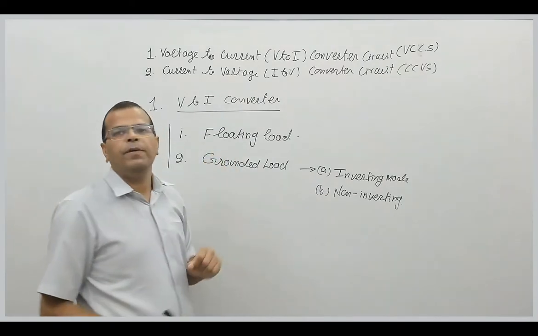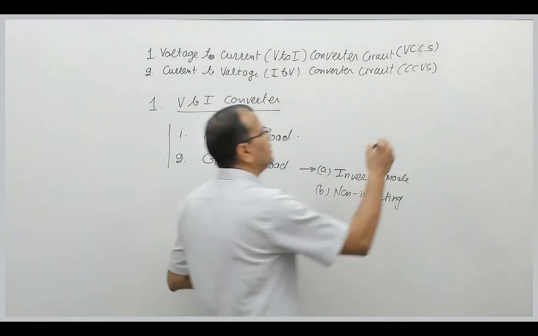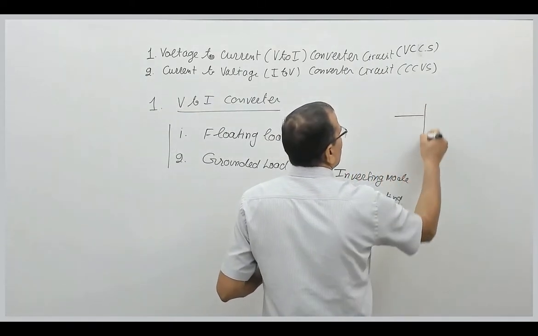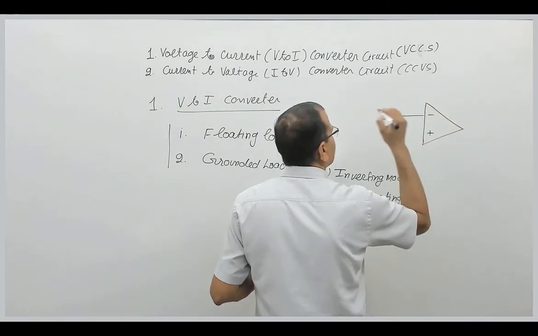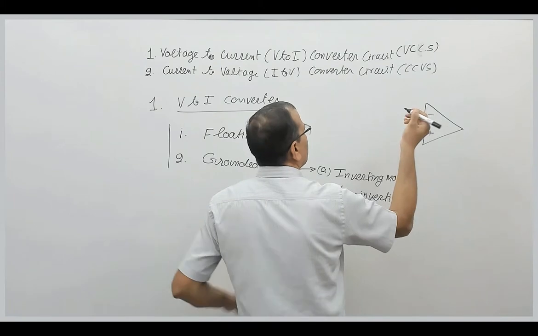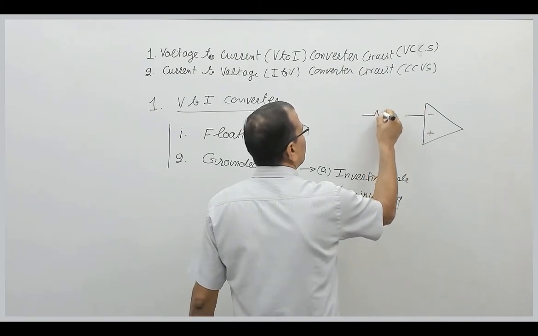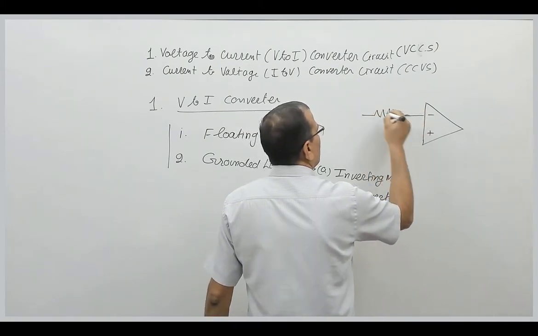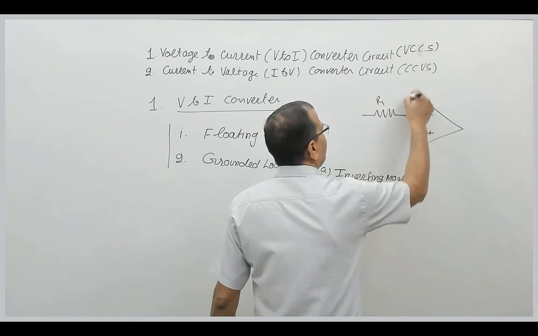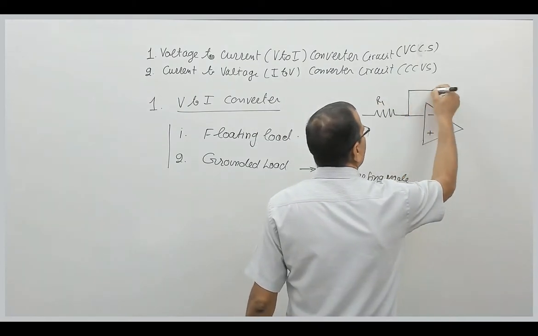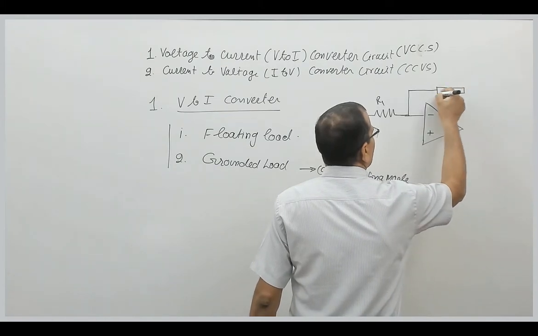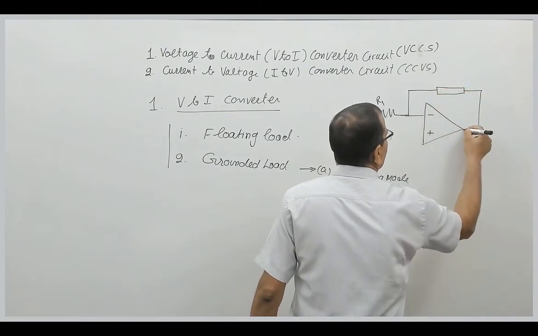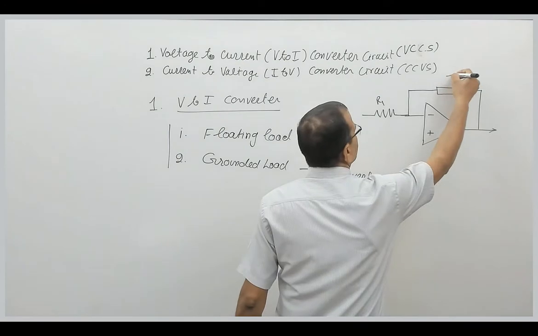Let us start with the first one, that is floating load converter. Floating load converter is essentially the circuit like this. We have a resistance R1, we have negative feedback, then we can take load impedance here or load resistance, it is your choice, that is ZL.